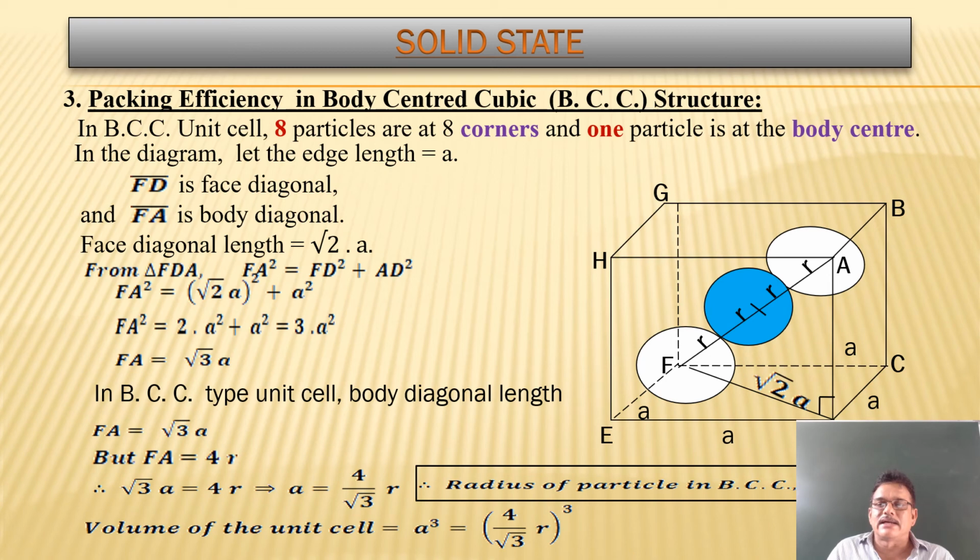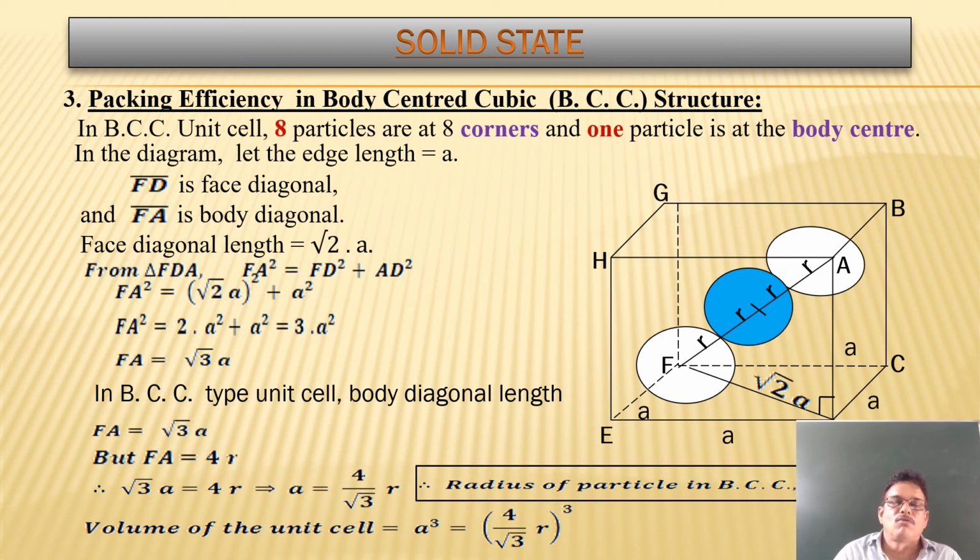So by directly multiplying side length with 0.433, we get the radius of the particle in BCC. This is another important formula we have to remember.